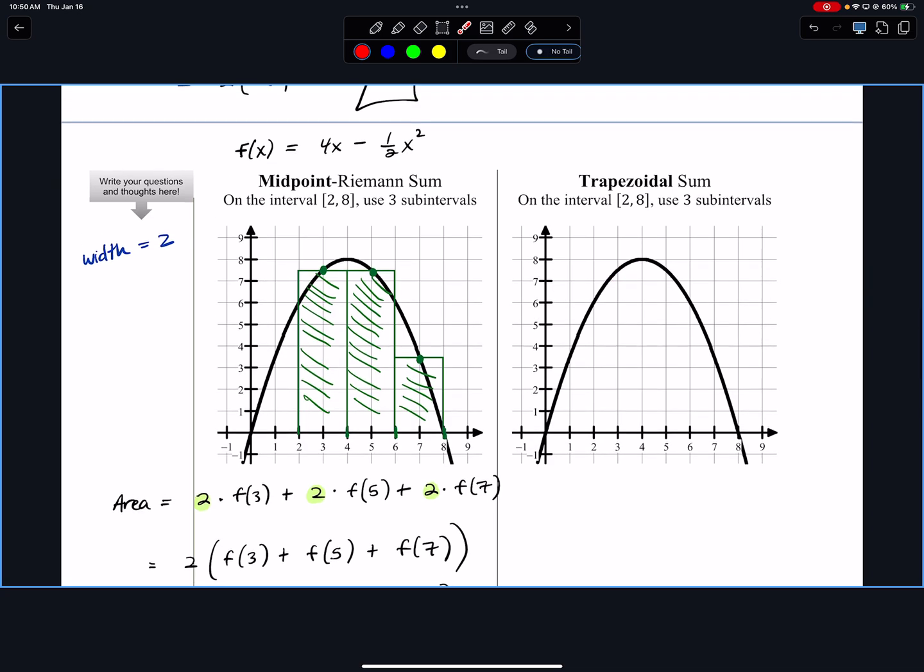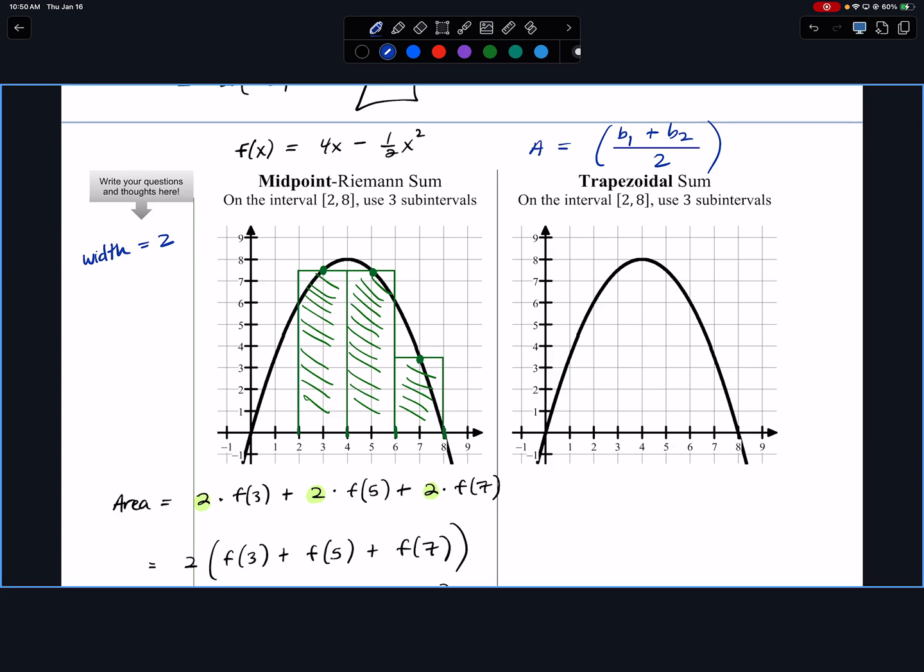All right, so before we do anything, the area of a trapezoid. I need you guys to know this, okay? The area of a trapezoid is base 1 plus base 2 divided by 2, times the height.